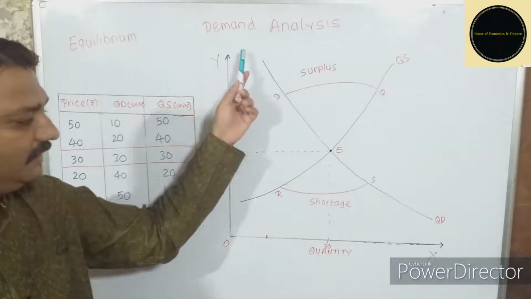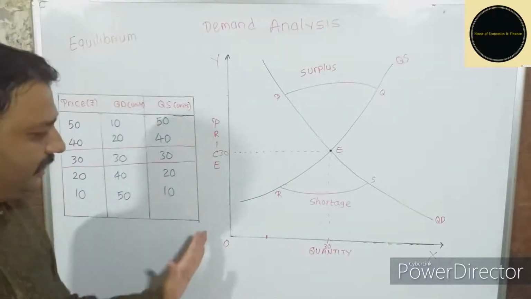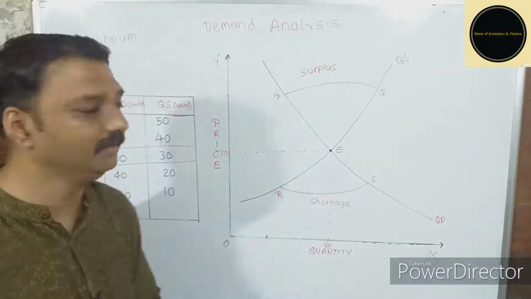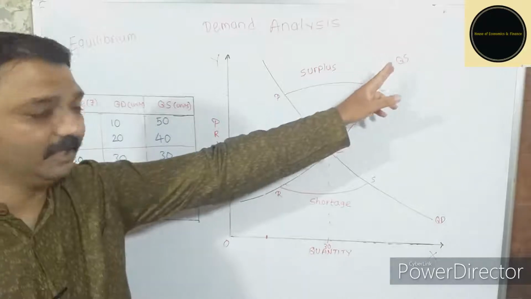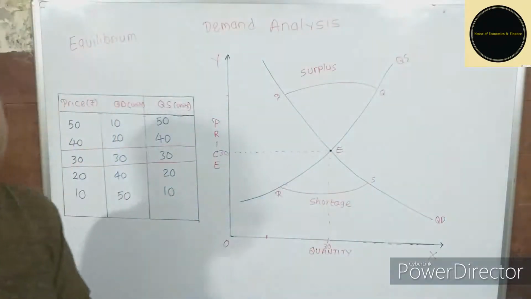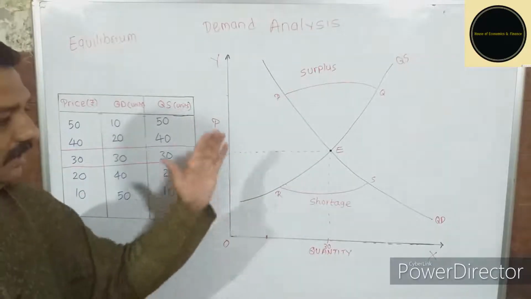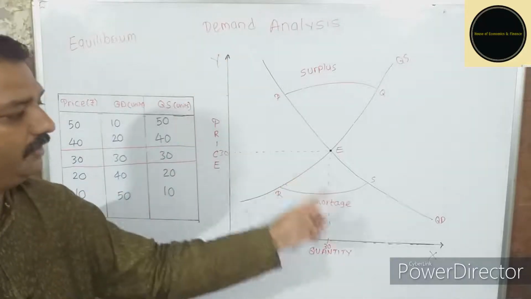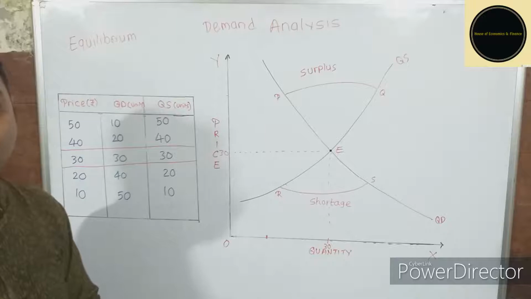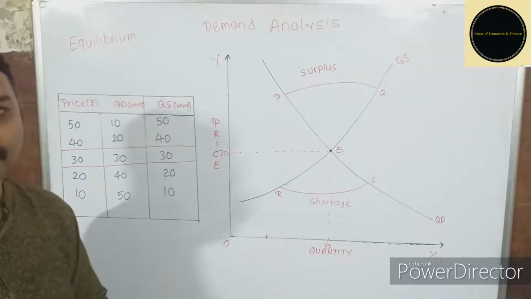You can see that the demand curve is downward sloping. That is, as price is decreasing, the quantity demanded is increasing. That's why it is downward sloping. Further, as price is increasing, quantity supplied is increasing. So the demand curve is downward sloping, whereas the supply curve is upward sloping.